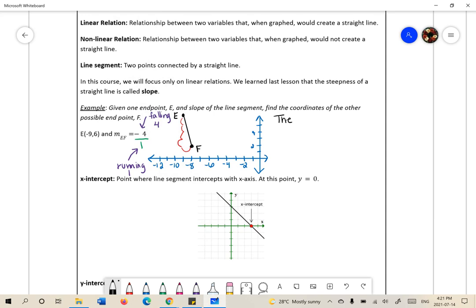The possible endpoint F has the coordinates -8, 2.